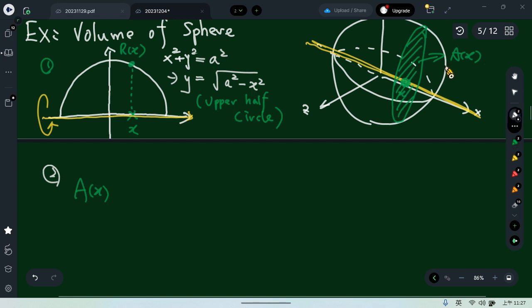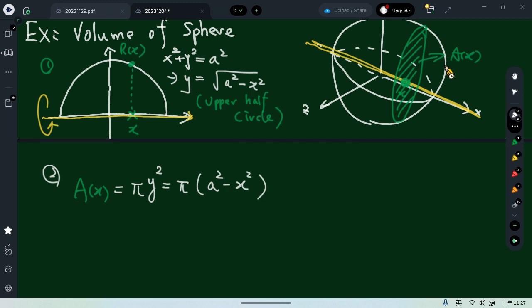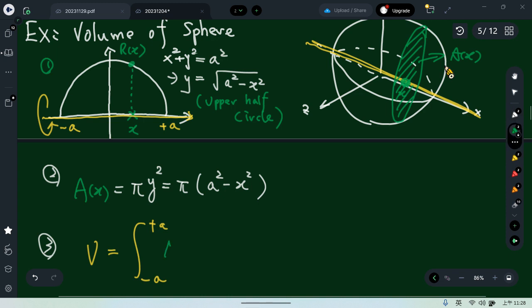So A of x should be pi times y squared, which is equal to pi times a squared minus x squared. So the third step: V should be, if the radius is a, the left hand side is minus a, the right hand side is positive a, so it will be the integral from minus a to positive a of A of x dx.